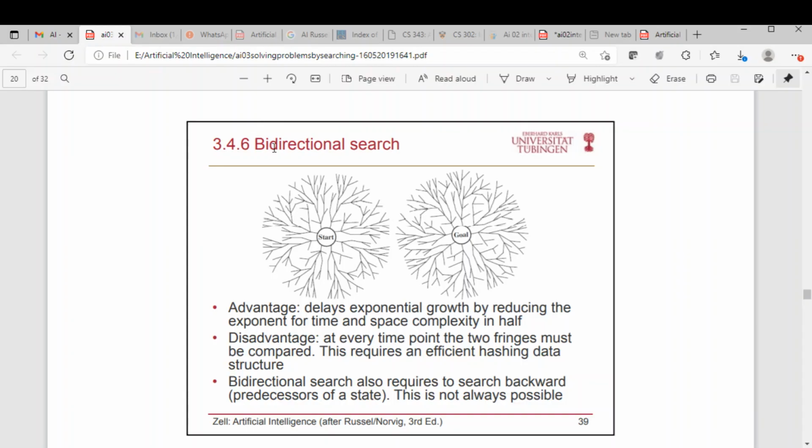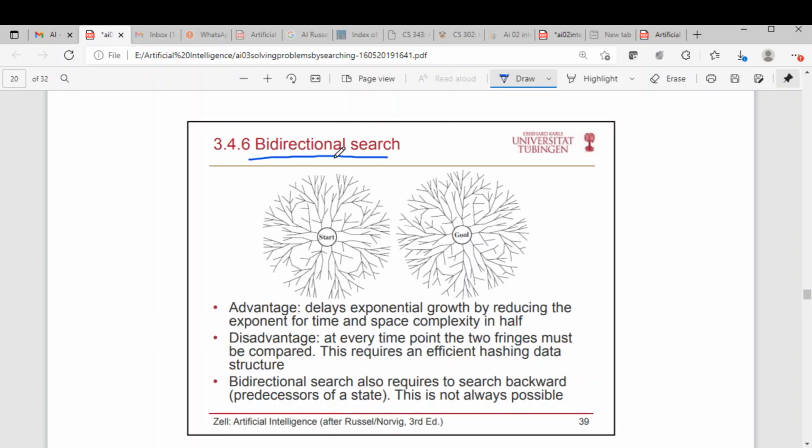So a bidirectional search is something like this. As the name says, the search goes in two directions. So basically it will maintain two frontiers.